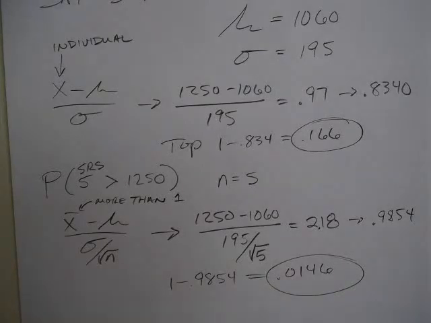So that would be the probability of picking a random group of 5 that would average 1250 or more. Why? Because we're narrowing it up. The larger your sample size, the less likely you're going to be very far away at all from this mean. Most groups of 5 would fall very close to this 1060.